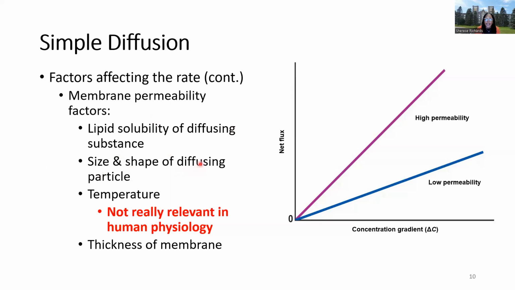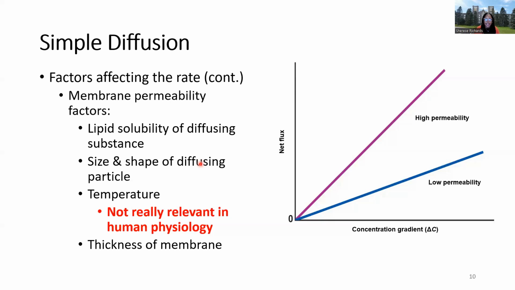The second is the size and shape of the diffusing particle. So if we have large, bulky particles like proteins, like glucose, for example, they're not going to be able to go through that membrane by simple diffusion. Even if there's a concentration gradient, if it can't permeate the membrane, there is no simple diffusion.